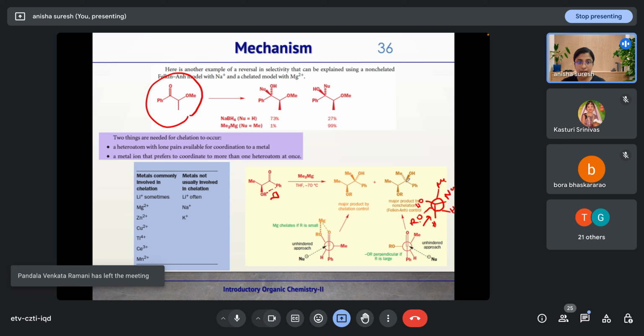Here the Me to Mg, the nucleophile is Me minus.